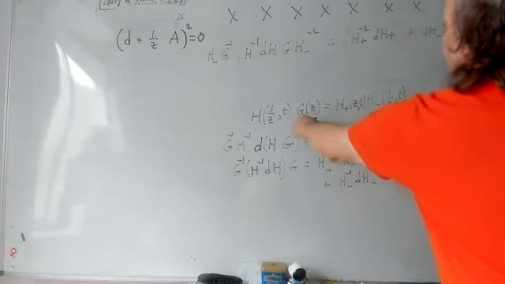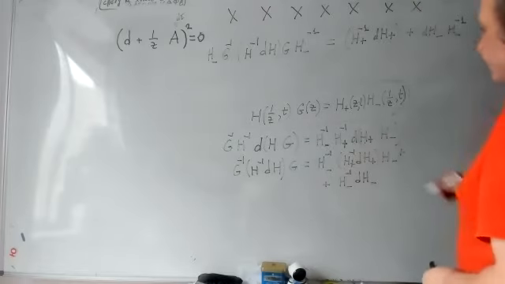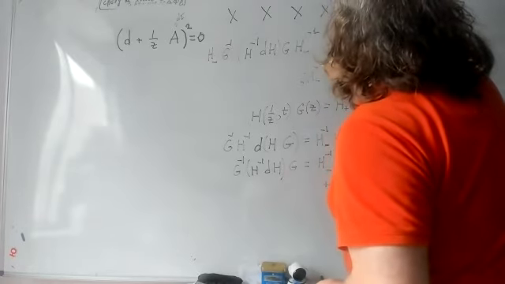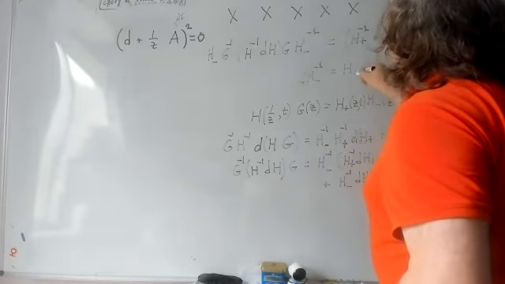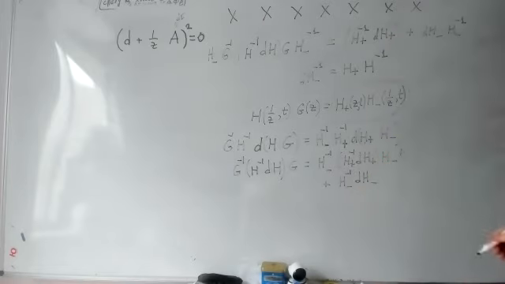So here I have this GH minus minus 1. So let me rewrite it in the following way. GH minus minus 1 equals H plus H minus 1, right?